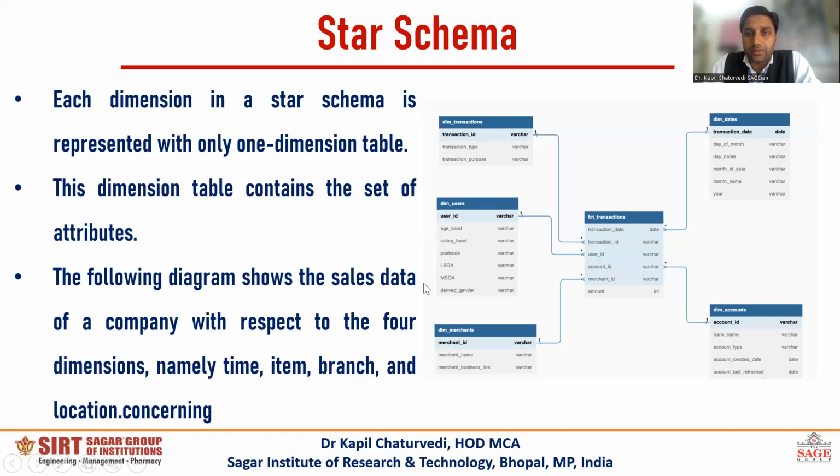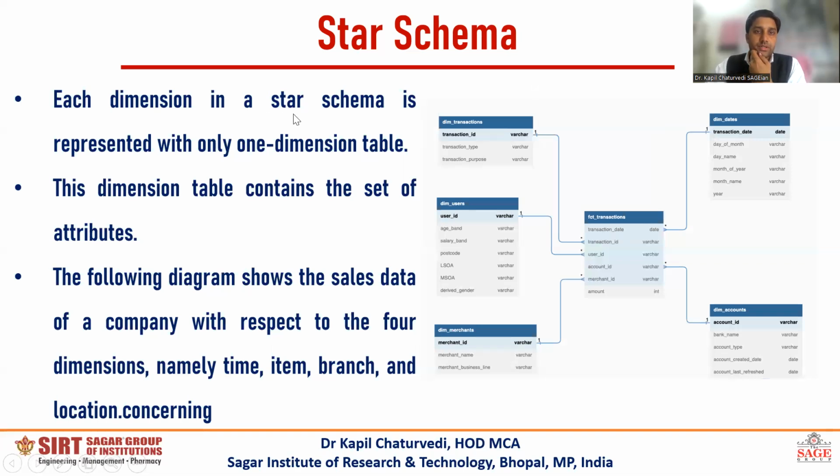So these are all the dimension tables, and this one is the fact table. The fact table helps to connect the tables to each other. Here we can see that the fact table is connected with all the dimension tables, and we can realize that the fact table centrally deals with all the dimension tables. So that is the scenario of a star.